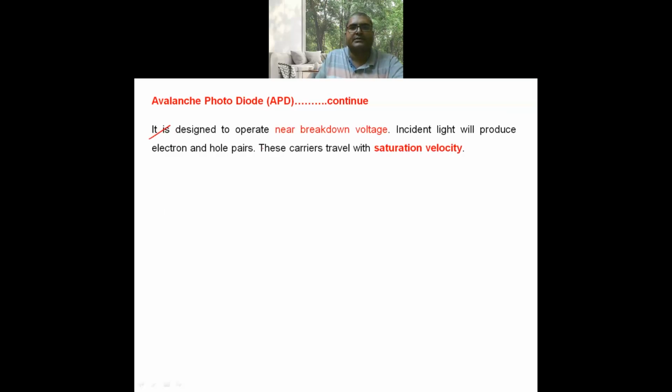The photodiode is designed to operate near the breakdown voltage. Near means it should be operated below the breakdown voltage. The incident light will produce electron hole pairs. These carriers travel with saturation velocity, means high velocity.